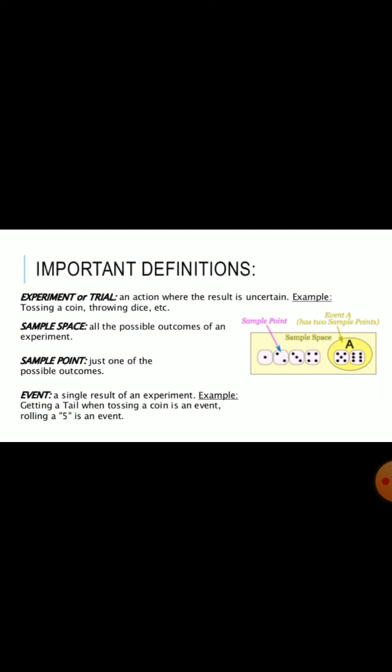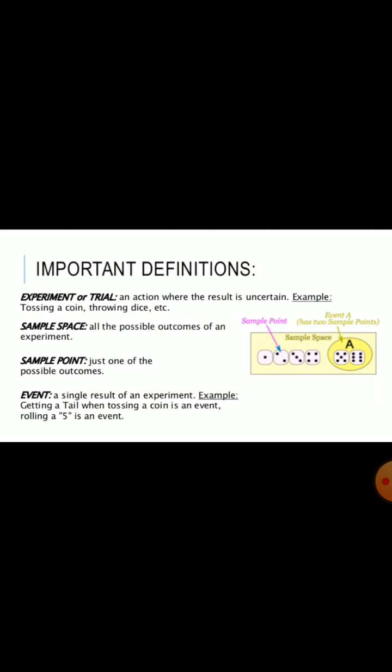Now the sample point, just one of the possible outcomes that we want. If we want 2, in case of dice, then the sample point is 2. Now the fourth one is event. A single result of an experiment. For example, getting a tail when tossing a coin is an event. Rolling a 5 is an event.